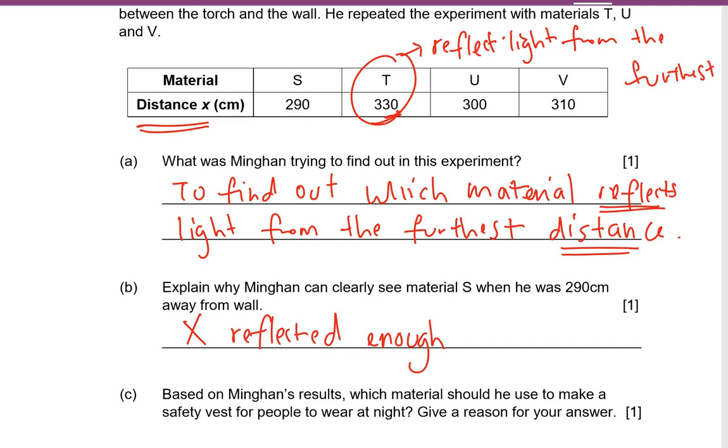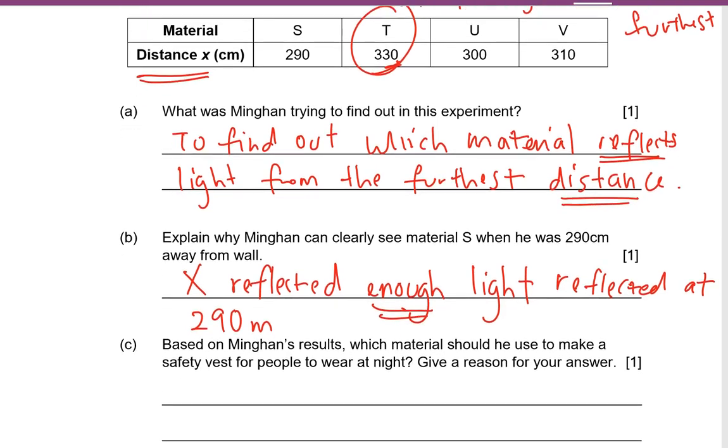If there wasn't enough light, like in the dark, you won't be able to see anything, right? So precisely because there was already enough light reflected at 290 centimetres, that's why he could already see. You can only see things when light is reflected to your eyes. So there was already enough light. If there wasn't enough light, you won't be able to see at all, isn't it? So that is the answer for B.